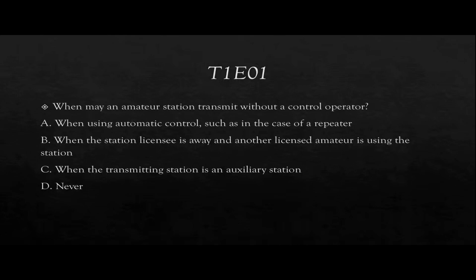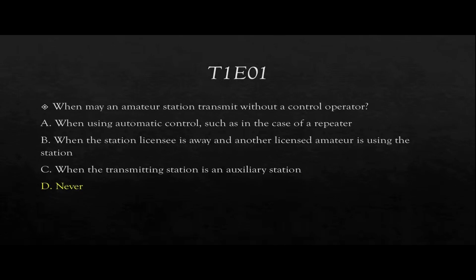The control operator is the licensed amateur using that radio. Hopefully he didn't sneak into somebody's house and doesn't have permission to use that radio, but that's a whole different legal thing altogether. C, when the transmitting station is an auxiliary station, this is just a flat out no. So we're left with the answer D, never.